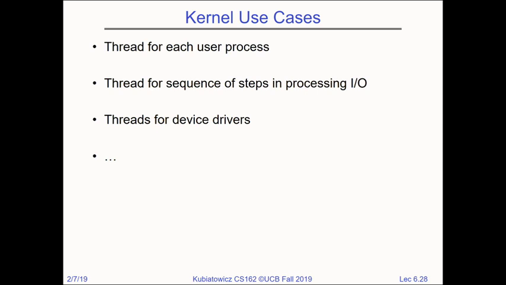What it used to be in the old days was there was kind of one thread of execution in the kernel at one time. The reason they did that is because the kernel is doing stuff that really cannot afford to get screwed up. By having only one thread, you didn't need synchronization. Once you entered a system call and you were running in the kernel, you knew for a fact that no other thread was in there messing with your data structures.